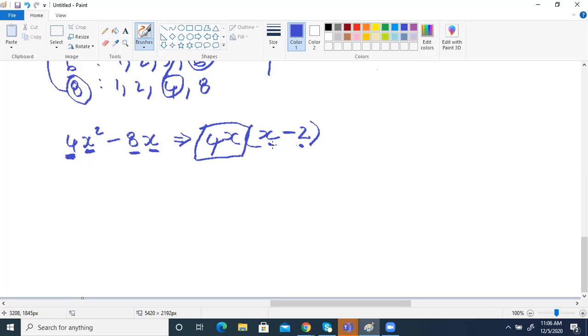But the brain is just not quite getting this. So what you can do is say, we know 4x is the highest common factor. Let me just divide the terms by 4x and see what I get. So 4 cancels, one of the x's cancels, and we get an x.